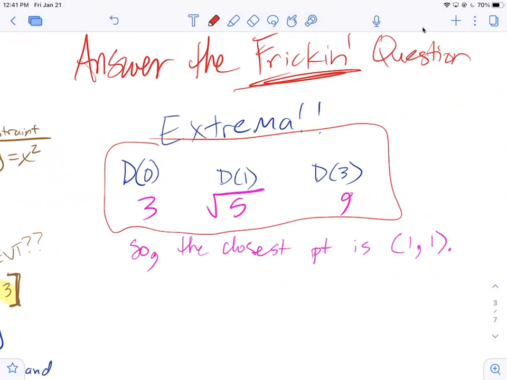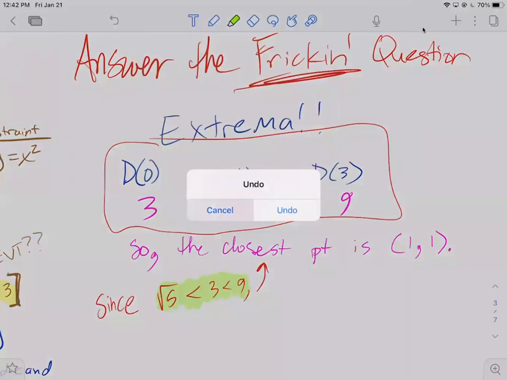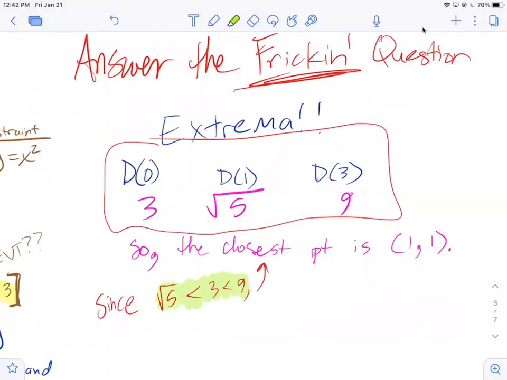If you wanted to, you could say since the square root of 5 is less than 3, which is less than 9, the closest point is that. If there was any kind of analysis to show, it would be that this number is smallest of all 3. But typically you don't have to do that.